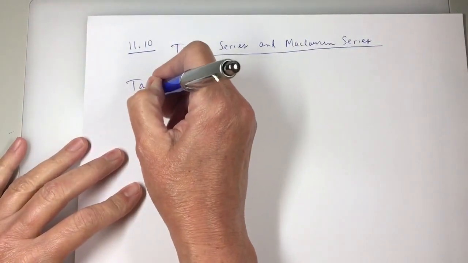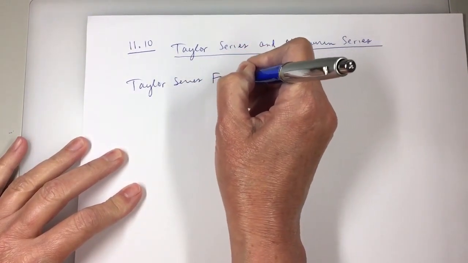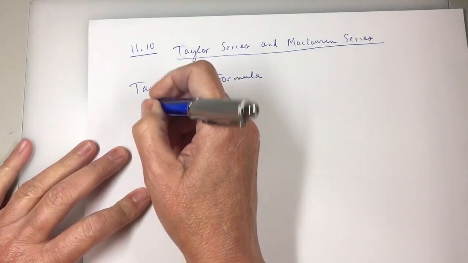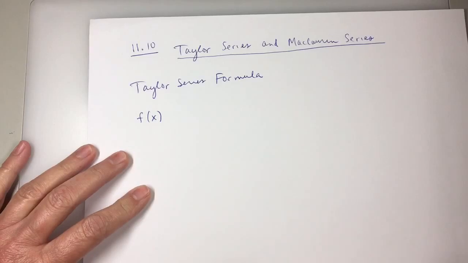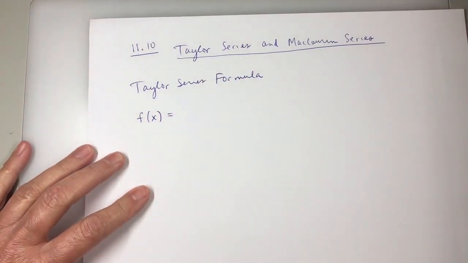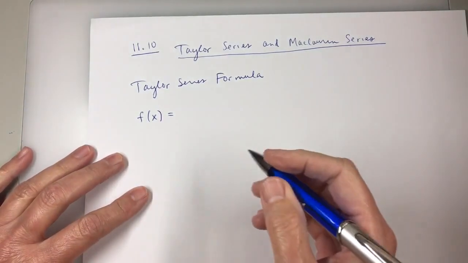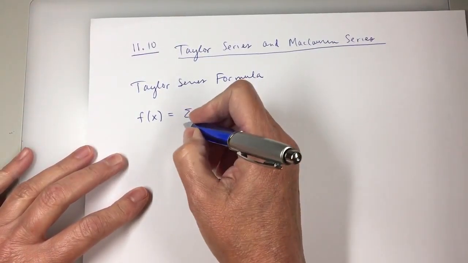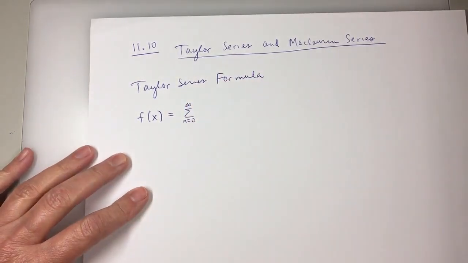Here's the Taylor series formula. And it's this: for a function f of x, if it can be represented as a power series centered around some point, x equals a would be our point we're centered around, then here's the formula for writing it as a power series.